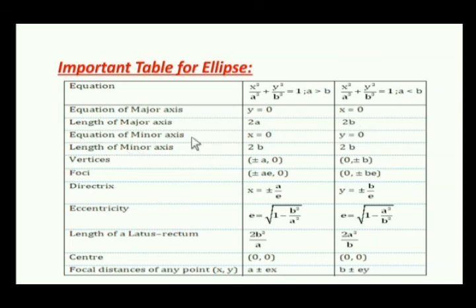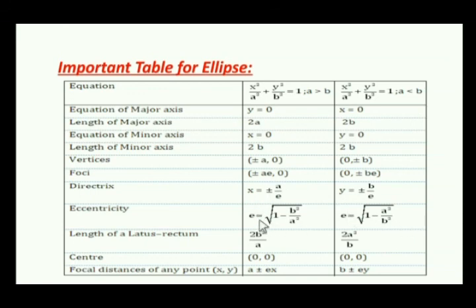Similarly, the equations of the minor axis are given. Length of the minor axis is 2b, vertices are plus minus a, 0 and 0, plus minus b. Foci are plus minus ae, 0 and 0, plus minus be. Directrices, as we have discussed already, x equal to plus minus a by e, y equal to plus minus b by e. Eccentricity is the same.